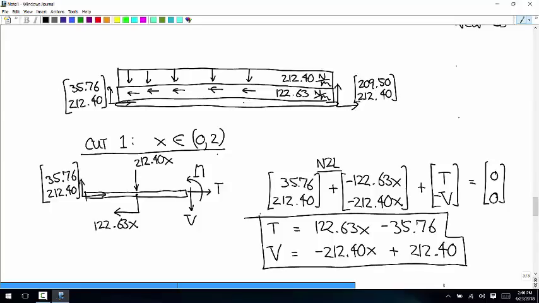Okay, so here for the first time, we have a value that changes for the internal tension. It changes continuously as you go along the beam. If you're all the way at the left end, x is equal to 0, and 35.76 is the tension there.